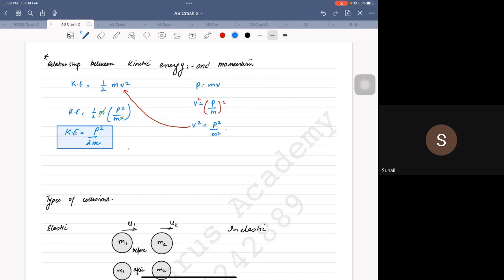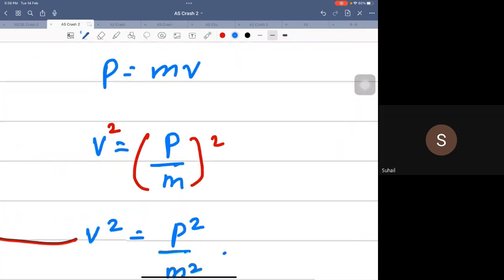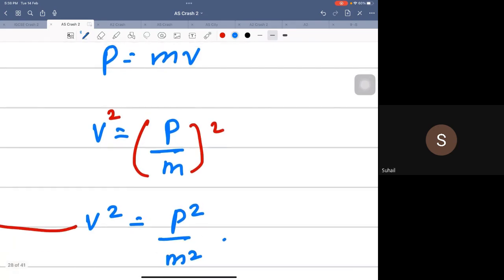Sir, explain that again. I did not get it. Okay. So, can I write v as the subject? So then it will be p over m. If I square on this side, I will have to square on the other side as well, right?